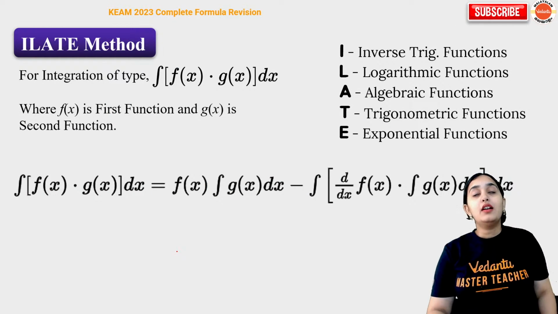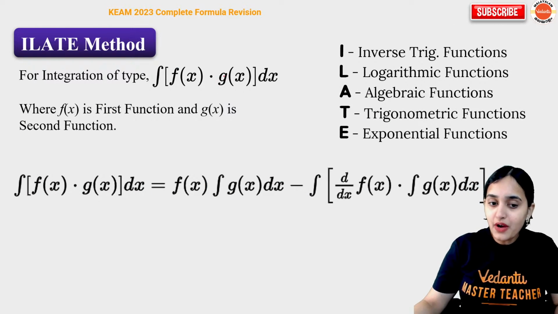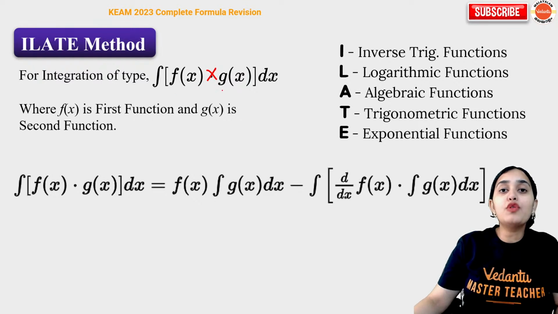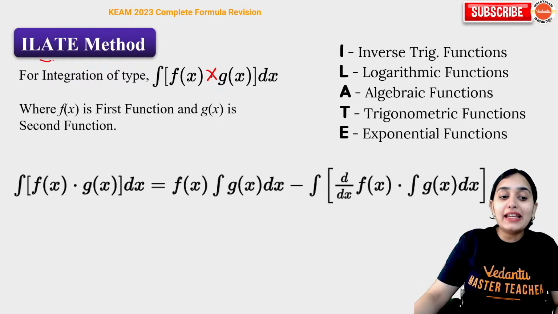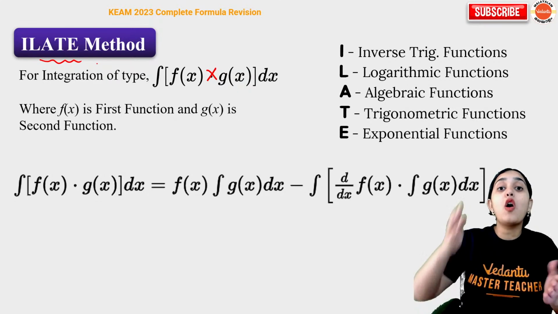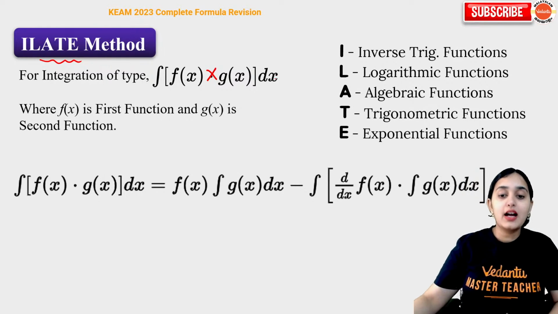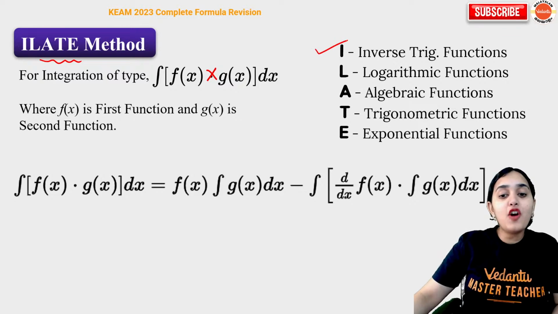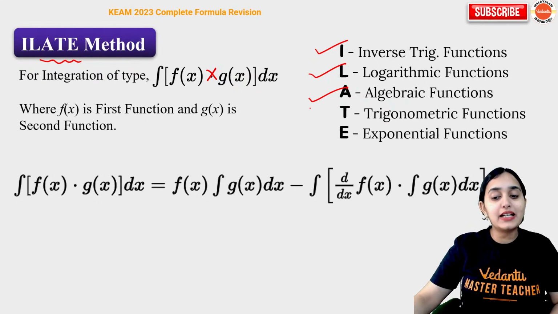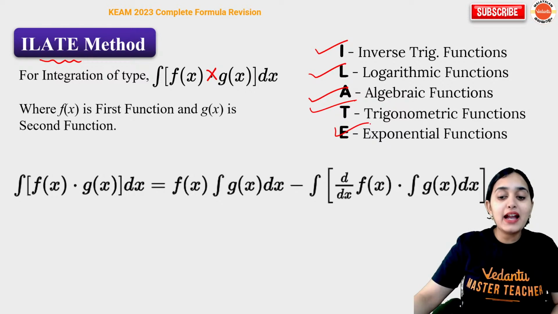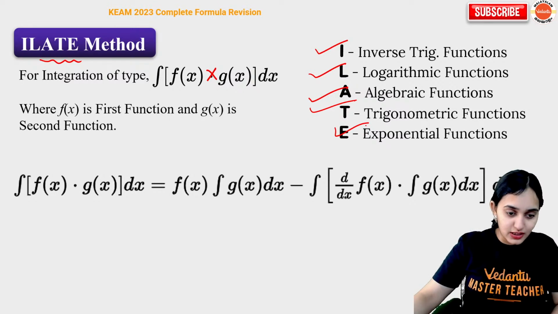Okay. Next, when you have a product of two functions and you want to integrate it, you have to use the ILATE method to decide the priority order. ILATE is basically I for inverse trigonometry, L for logarithm, A for arithmetic, T for trigonometry, and E for exponential.